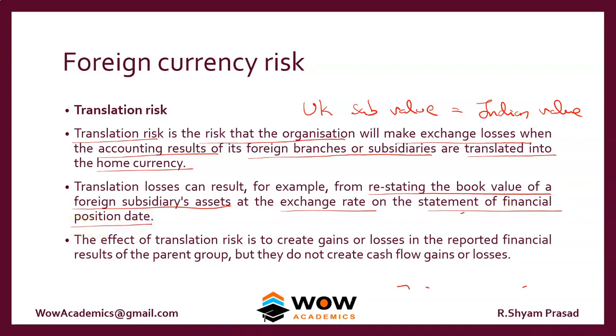Okay, so what happens is only when you convert it from one currency value to another currency value, the loss or gain occurs. The effect of translation risk is to create gains or losses in the reported financial results of the parent group, but they do not create cash flow gains or losses.